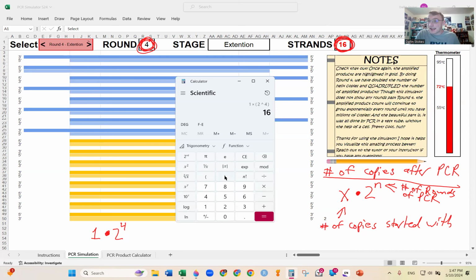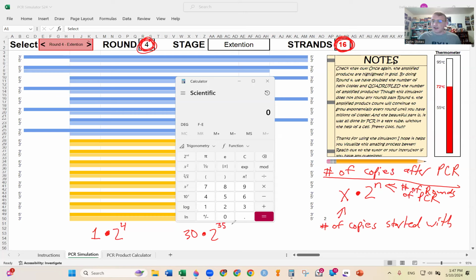So let's say I start out with 30 copies, so my X is 30. And let's say my n is 35 rounds, because typically, at least in the lab when I do it, we do about 35 rounds of PCR.